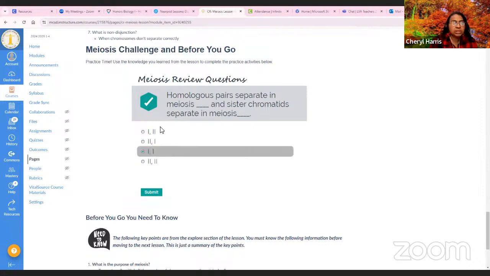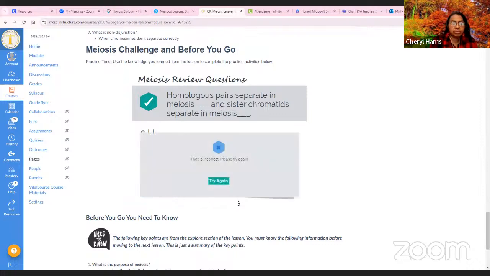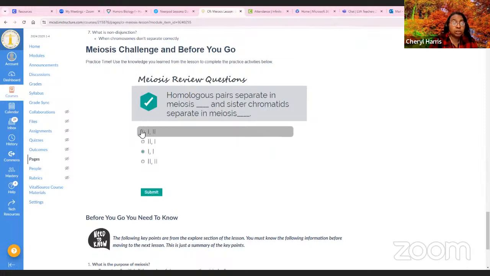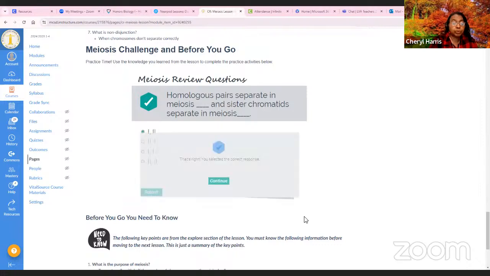Malik says it's the third one. Let's see if that's correct. No, that's not right. It's 1 and 2. There we go. So homologous pairs are going to separate during meiosis one. That's the first phase. And then those sister chromatids are going to separate during meiosis two.